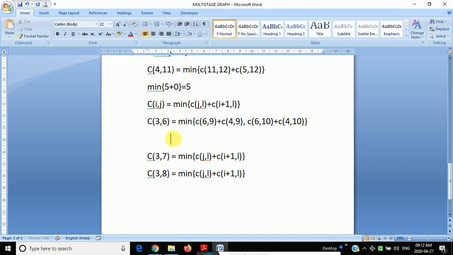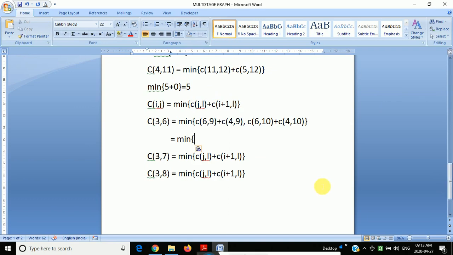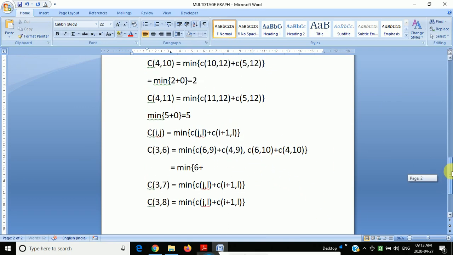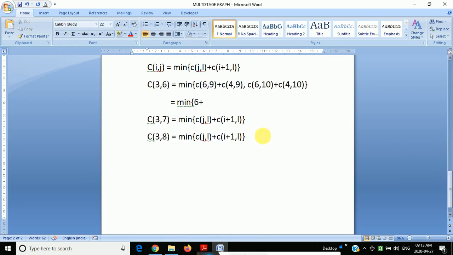Now when we find the cost, 6 comma 9 cost is 6. So we have to write 6 plus this 4 comma 9, here previous stage 4 comma 9 is 4. We have to consider that 4.